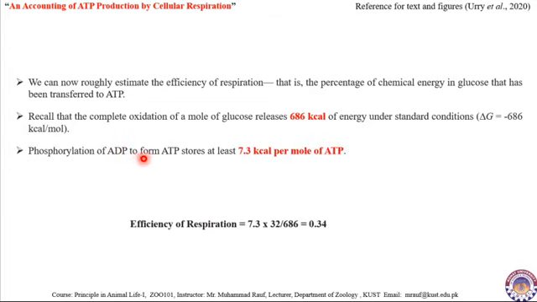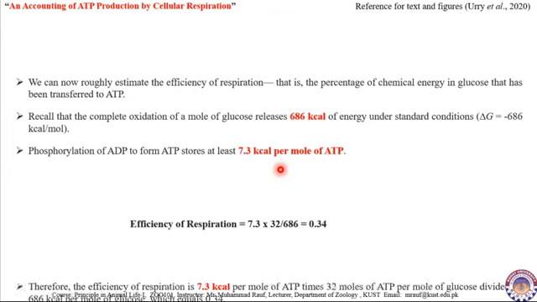Phosphorylation of ADP to form ATP stores at least 7.3 kilocalories per mole of ATP. So this whole process is aimed to draw energy from the glucose molecule and then store this energy into ATP. How much energy is stored by a single ATP? It is 7.3 kilocalories per mole.